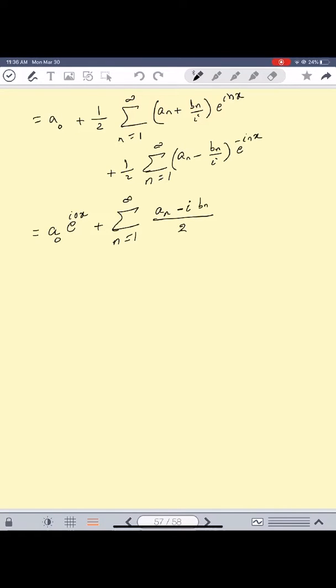So let me explain this here. I have b_n over i. If you forget the b_n, let's look at 1 over i in general. Just remember this: we don't like seeing the i in the denominator. Remember, i is, roughly speaking, the square root of negative 1.